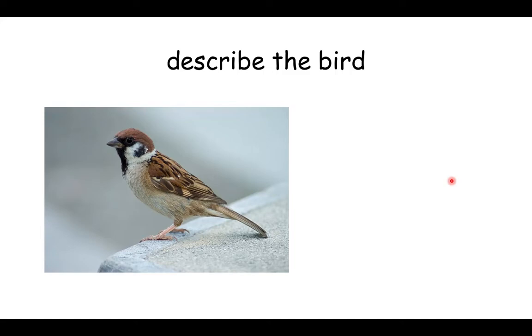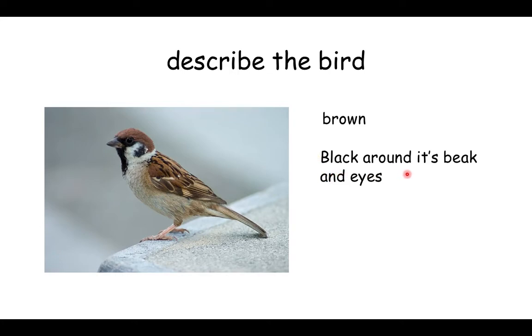So if I said to you, describe the bird, and you're going to describe this bird right here. What does it look like? You could say that the bird is brown, or the bird has black around its beak and eyes. Oh, sorry, one second. That's incorrect. It should be ITS.